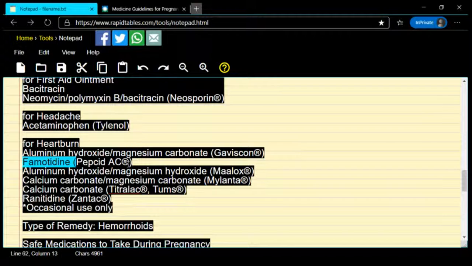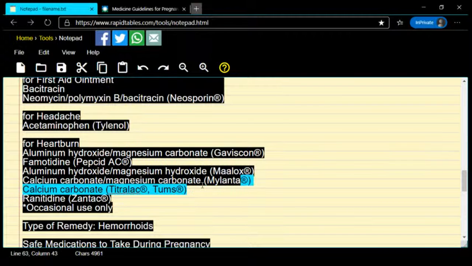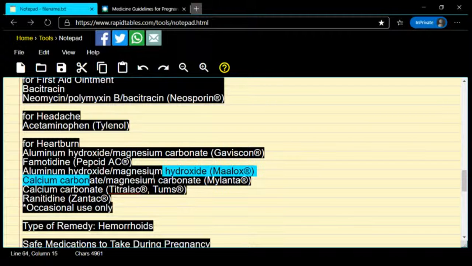Famotidine, Pepcid AC, for heartburn, aluminum hydroxide, magnesium hydroxide, Maalox, calcium carbonate, magnesium carbonate, Mylanta.